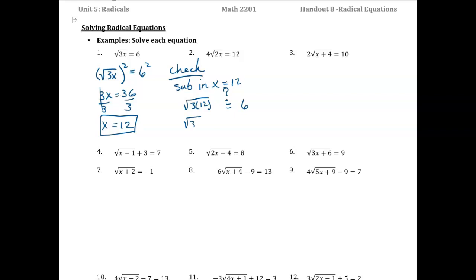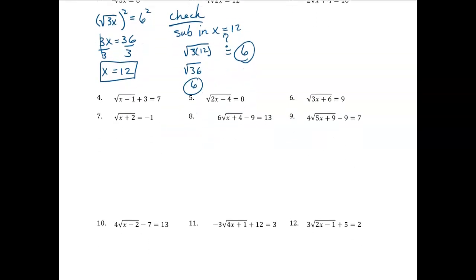You have root 36, and square root 36 is 6. So yes, your answer turned out to be what you were told it was going to equal. So you can always do a self-check there.